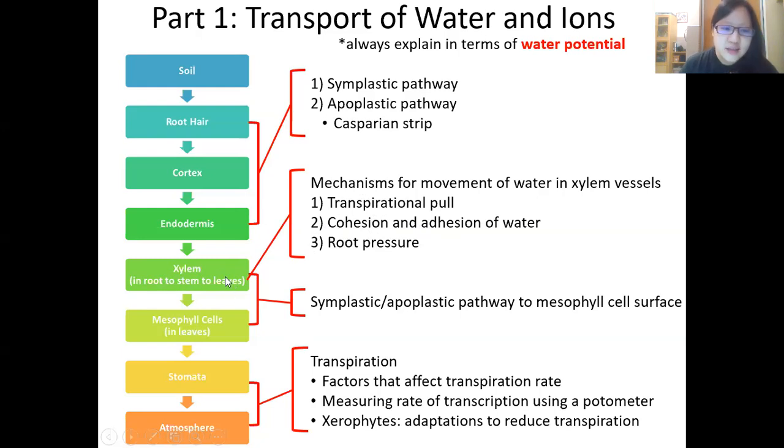But we know that in the leaves, from the xylem to mesophyll cells, symplast and apoplast pathways are used for water to be transported between mesophyll cells, and then they use this pathway to get to the mesophyll cell surface. After that, water evaporates into the airspace, and then water vapor diffuses out into the atmosphere through the stomata.